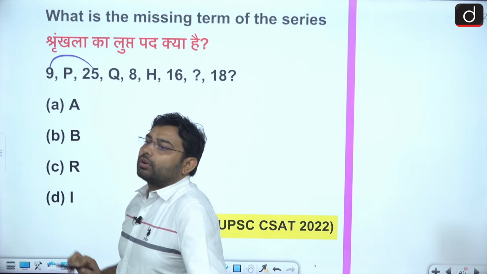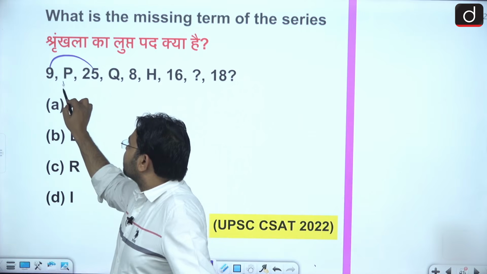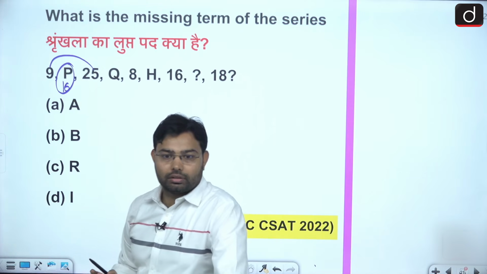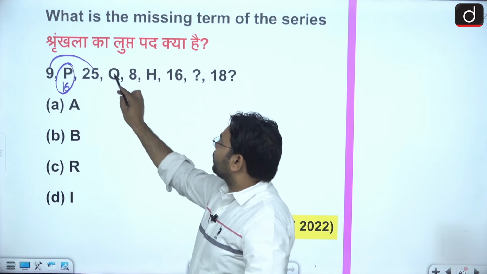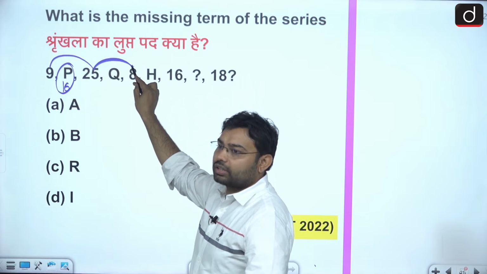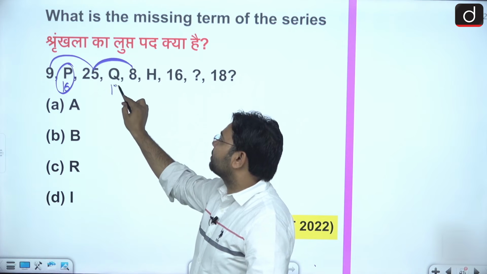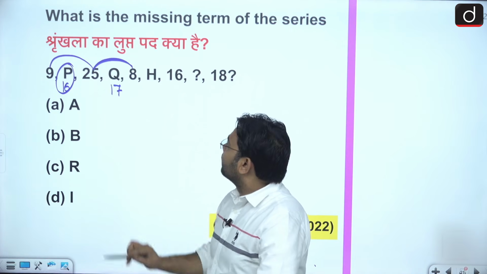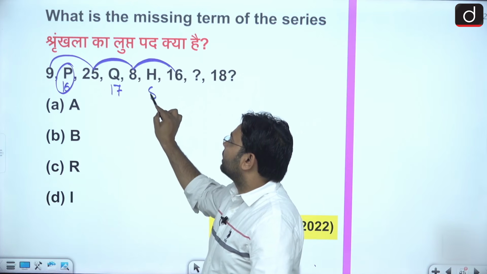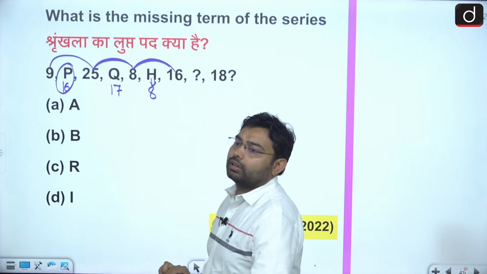25 minus 9 is what? And 16 is the place value of P. 25 and 8, what is the difference? 17, and 17 is the place value of Q. 8 and 16, the difference is 8, and H is the 8th letter.